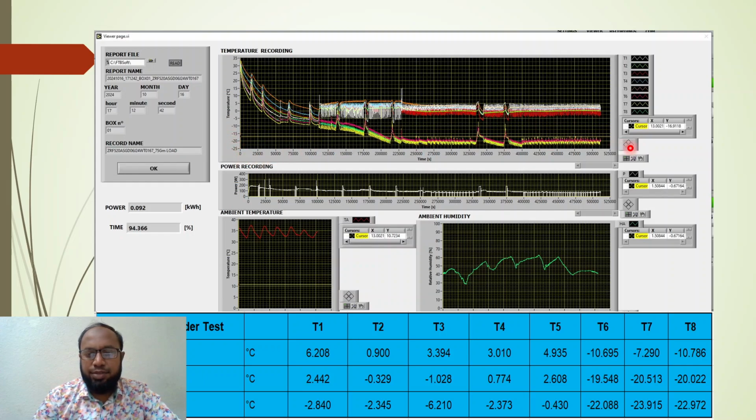These are all the recorded temperature data, and these are the power recording data, and this is the ambient temperature, and this is the ambient humidity.